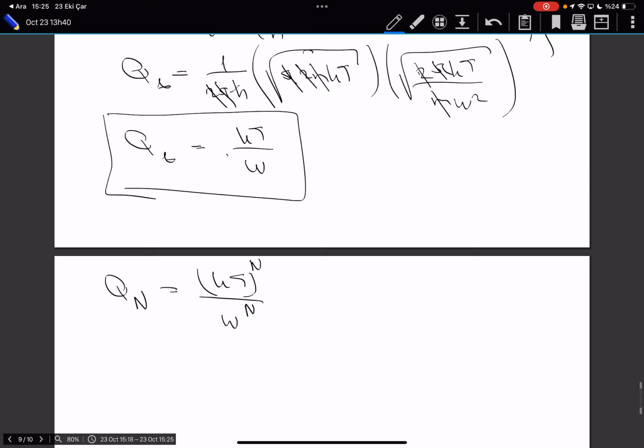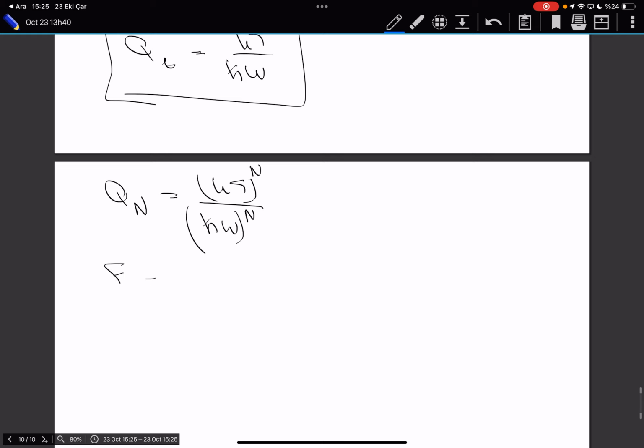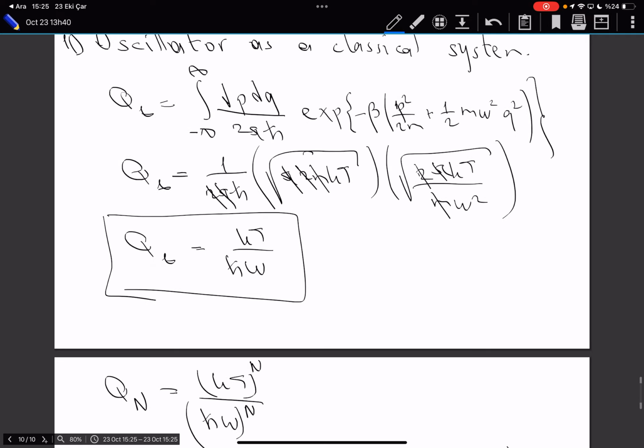There's also h bar. Free energy will be minus kT logarithm of Qn, which will be minus n kT logarithm of kT over h bar omega. So, yeah, there is h bar.